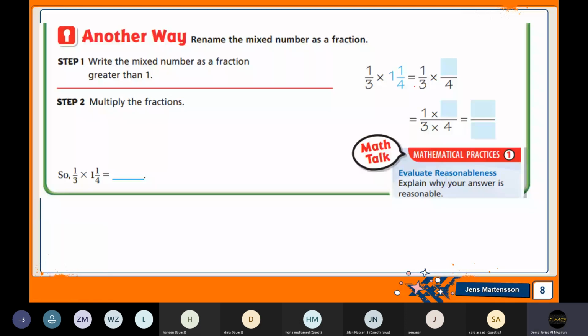Now, when you want to multiply 1 over 3 times a mixed number, what is the first step? If you see any mixed number, what is the first step? We have to make a fraction. Bravo, you will write it as a fraction.